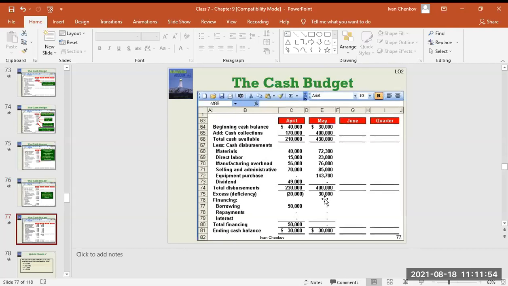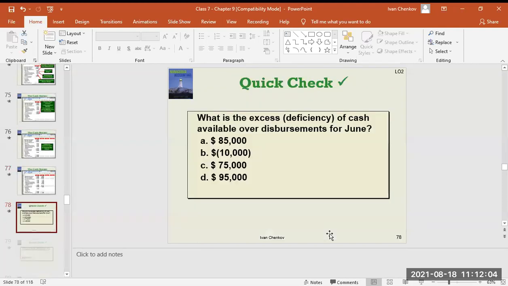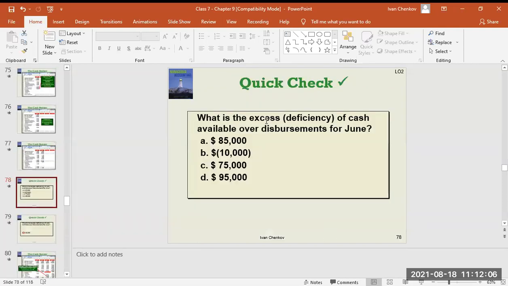For May, I'm running the same numbers and I'm seeing that I'm at exactly $30,000. I don't need to borrow because that's the minimum required cash that I have. So the question is, what is the excess or deficiency of cash available over the disbursements for June? To answer this question, let's go to the Excel spreadsheet that we just did.